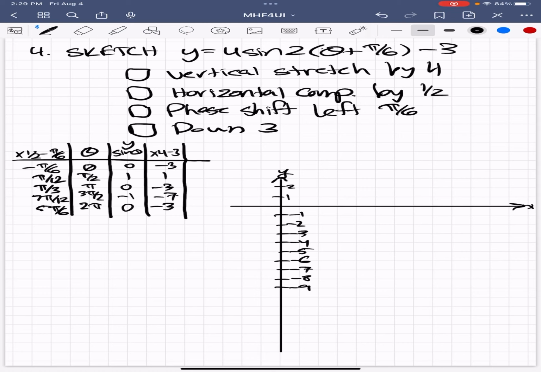Okay, because the final transformation graph is so compressed, I'm gonna have to space out.